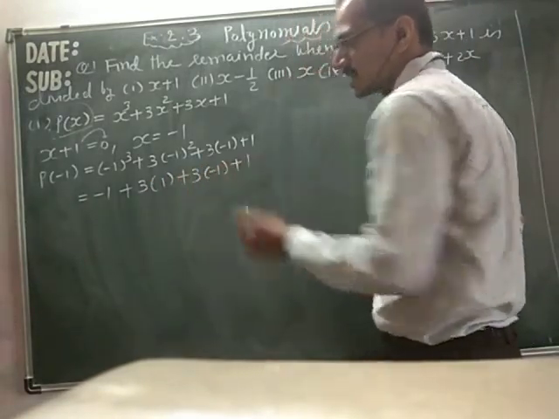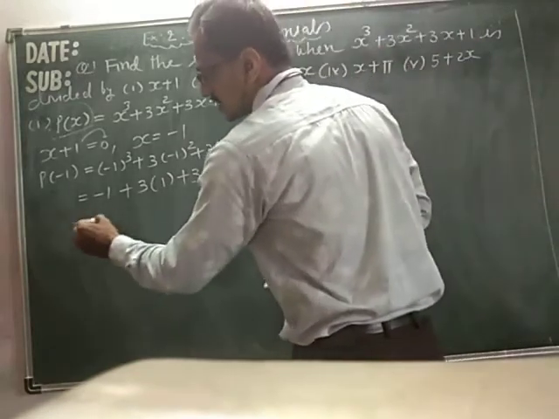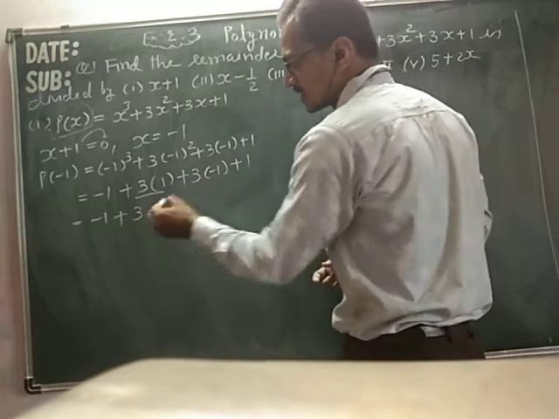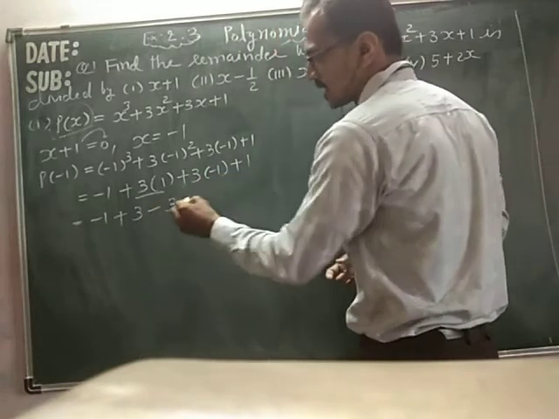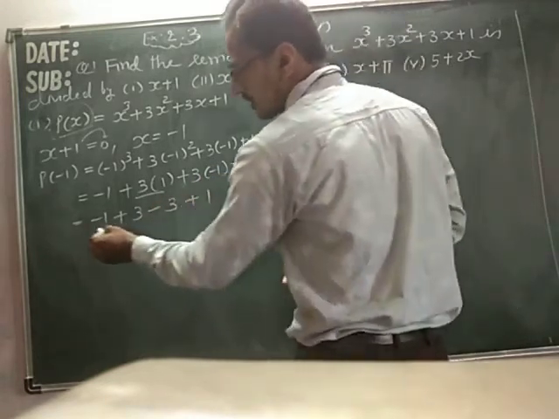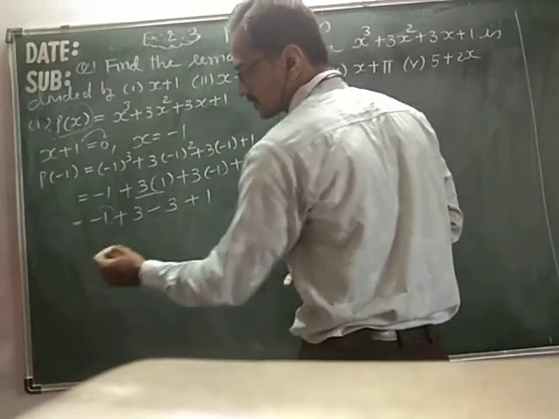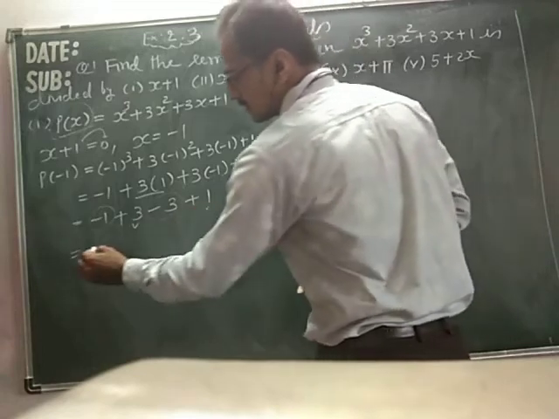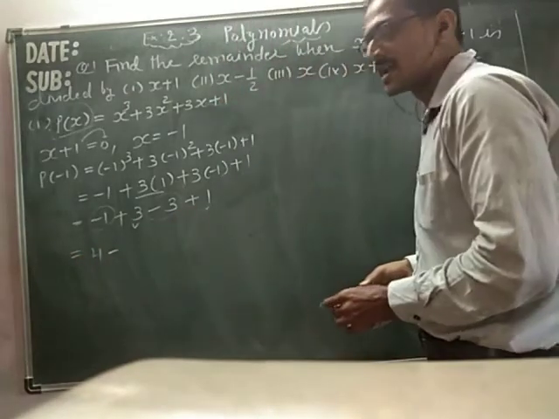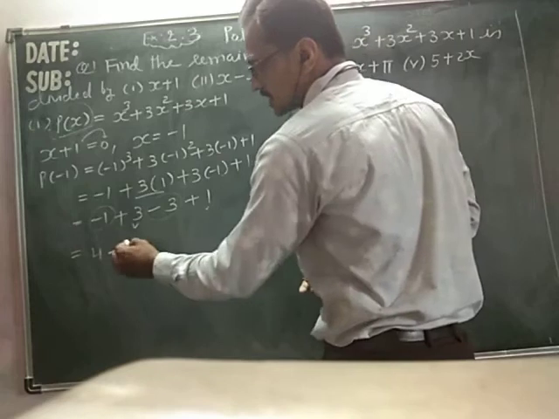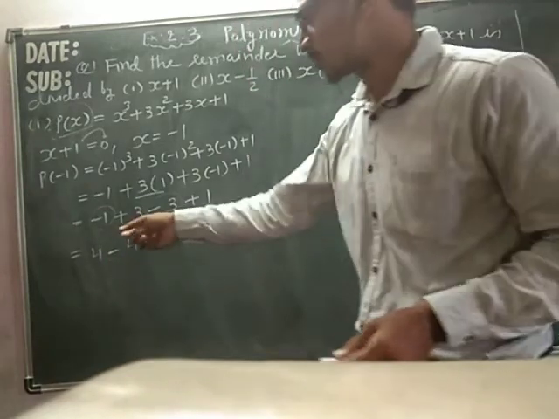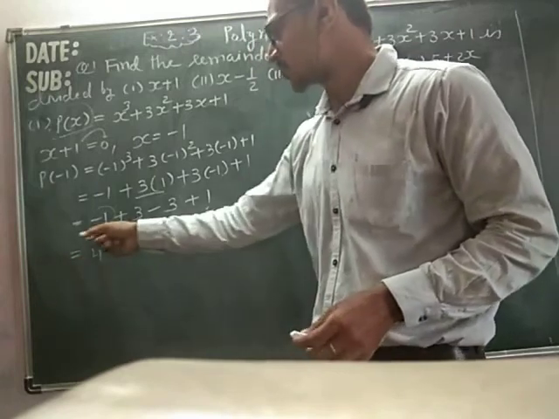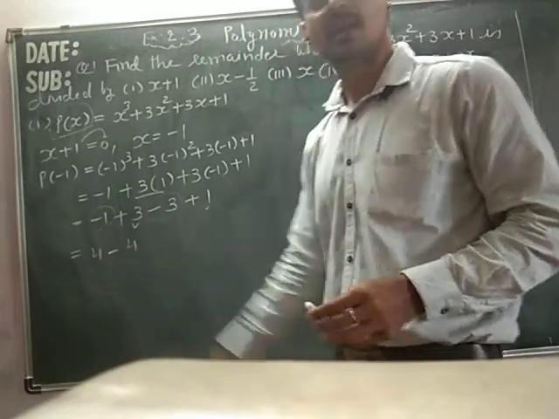This as it is. Now let us multiply these numbers. Plus 3 ones are 3, plus minus minus 3 ones are 3, plus 1. Now add the positive numbers first: 3 plus 1 is 4. Now add the negative numbers: 3 plus 1 is 4. Whenever you add positive numbers, the answer will be positive; whenever you add negative numbers, the answer will be negative.